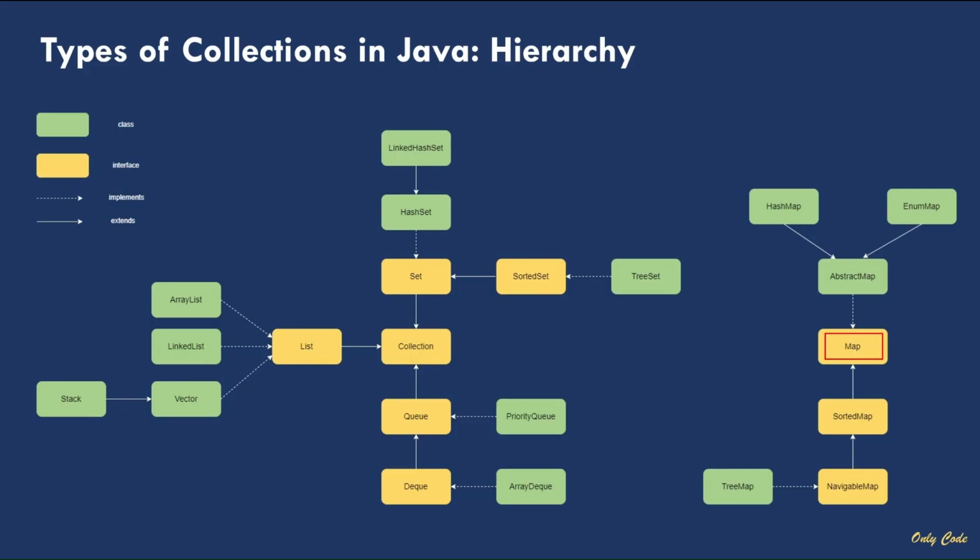There is also the map interface, which is not part of collection but is still a key part of the framework. It stores key value pairs with implementations like HashMap and TreeMap.